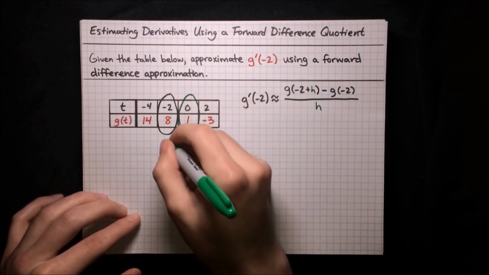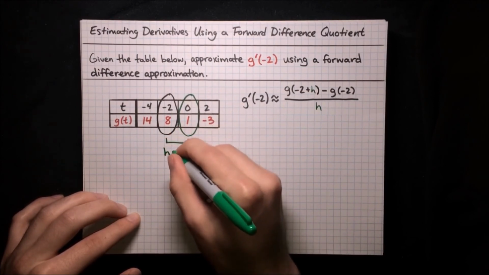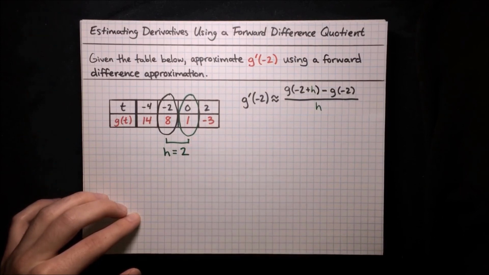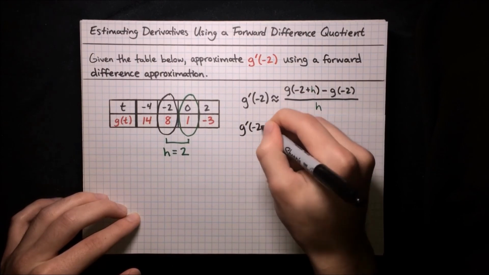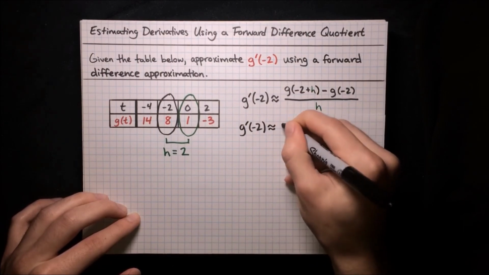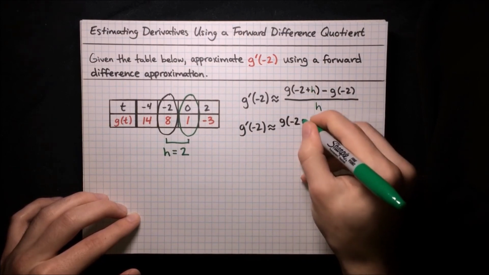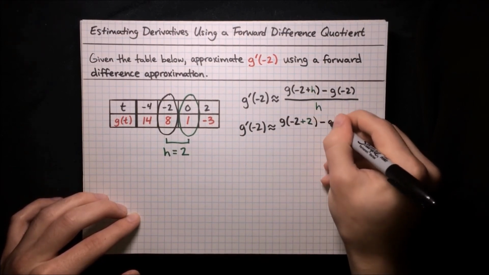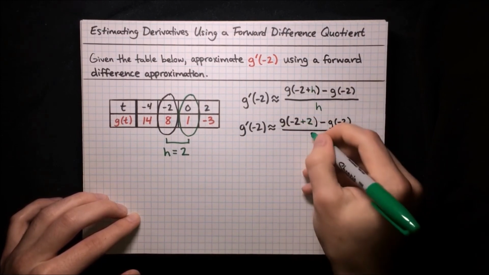Now, what is h? h is just the step size. So what do we need to add to negative 2 to get to 0? Well, that's just 2. So let's go ahead and plug this into our approximation. g prime of negative 2 is approximately equal to g of negative 2 plus 2, then minus g of negative 2, and that's all over 2.